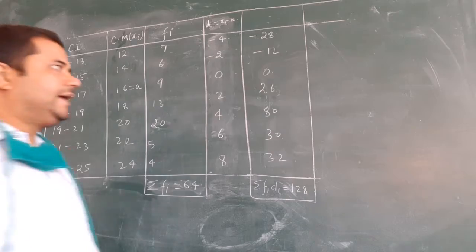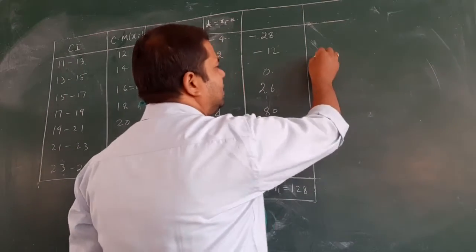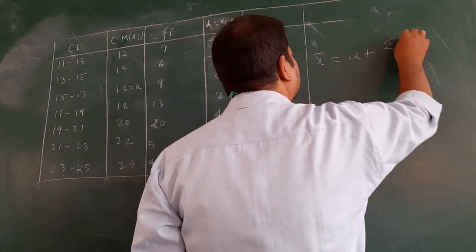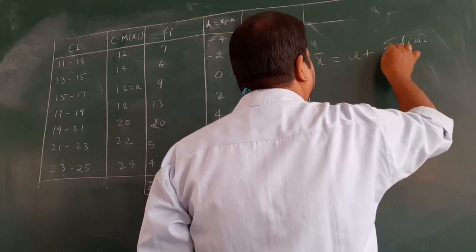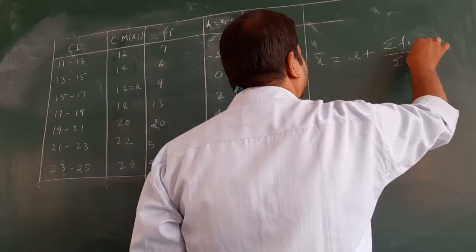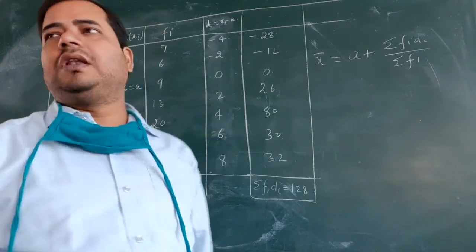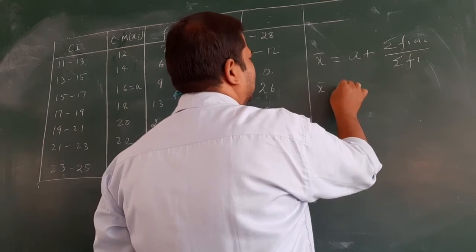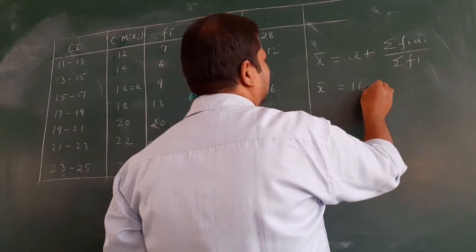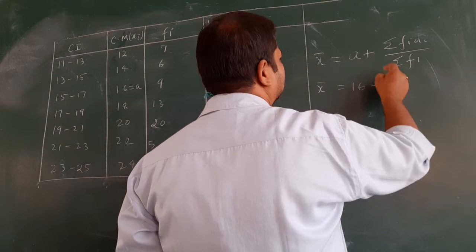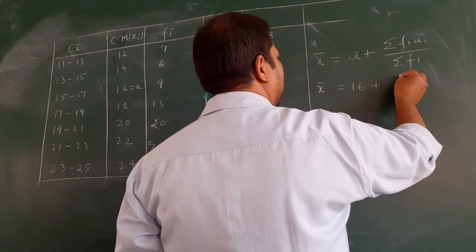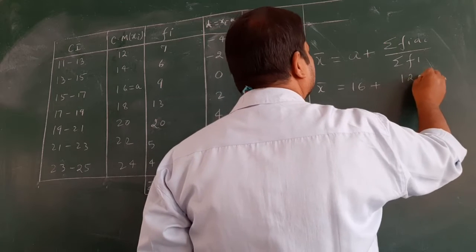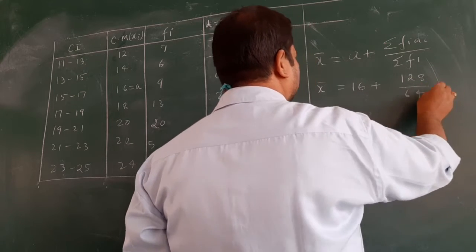Now we find the mean: x bar is a plus sigma of fi di divided by sigma of fi. So simple, okay? So x bar, a is 16 and this is 120 divided by 64.